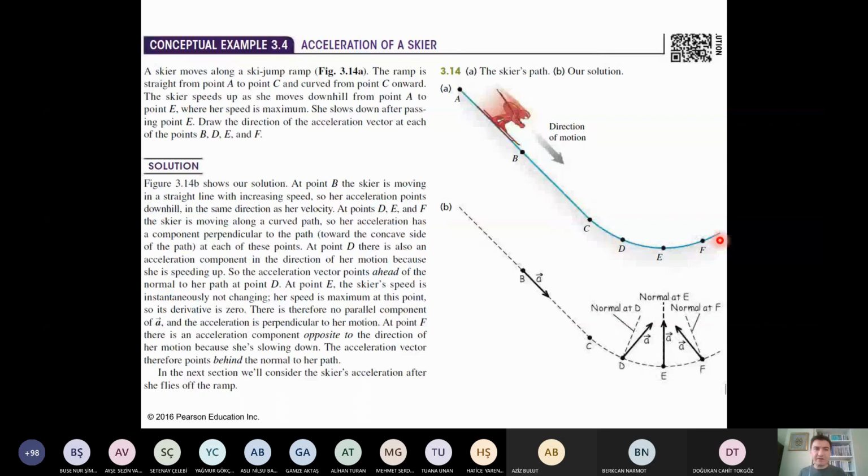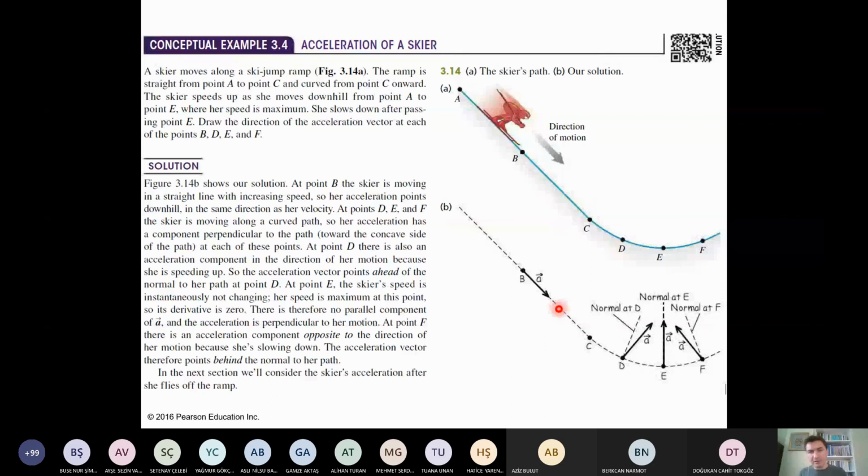And the skier speeds up as she moves downhill from point A to point E. She is speeding up until that point, okay? And then she slows down after passing point E. So derive the direction of the acceleration vector at each of points B, D, E, and F. So here the direction of the acceleration is in this direction.